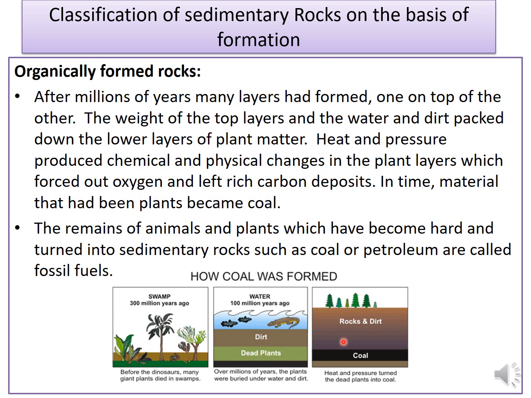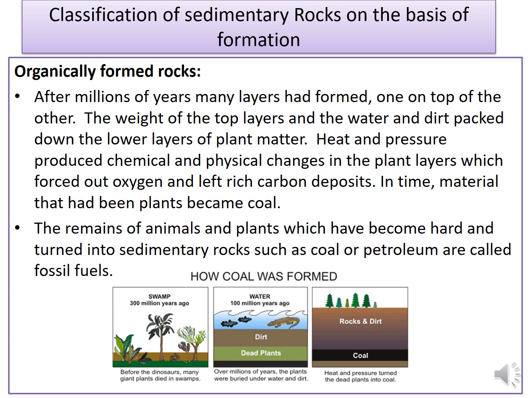The weight of the top layers and the water and dirt packed down the lower layers of plant matter. Heat and pressure produced chemical and physical changes in the plant layers, which forced out oxygen and left rich carbon deposits. In time, material that had been plants became coal.